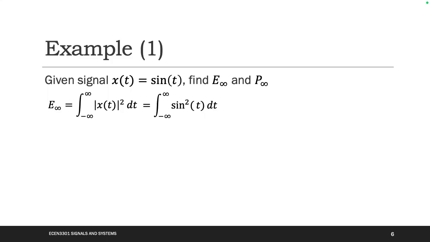So if you integrate sin squared t from negative infinity to positive infinity, you need to add infinitely many values from 0 to 1. For example, suppose each one is 0.5: 0.5 plus 0.5 plus 0.5 plus 0.5.